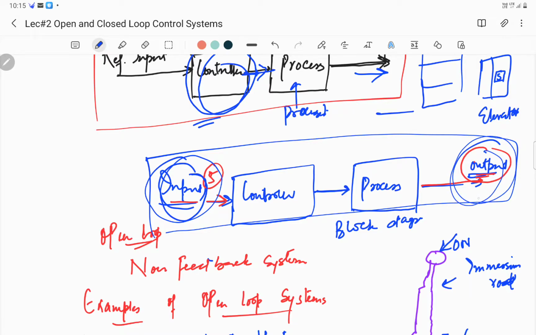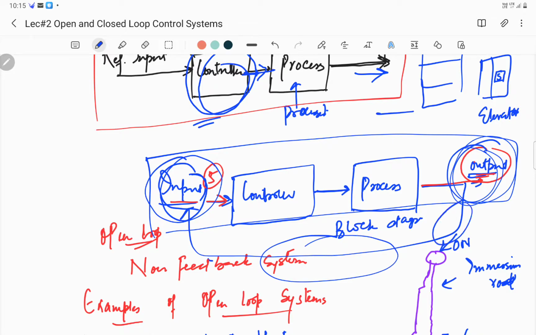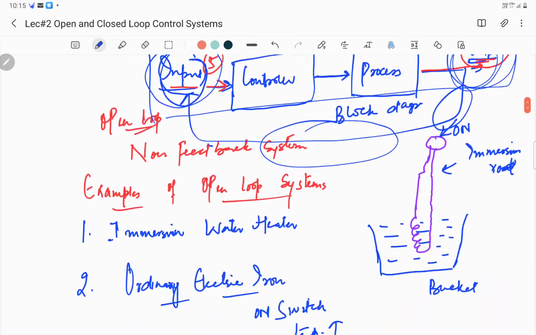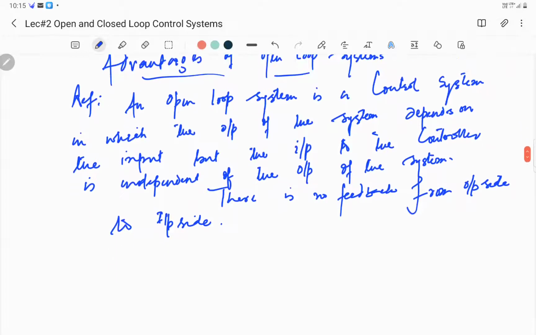But the output is not considered for further necessary action. That means there is no connection from the output side to the input side. This link is missing. So that's what an open loop system means. Now let's look at the advantages of open loop systems.